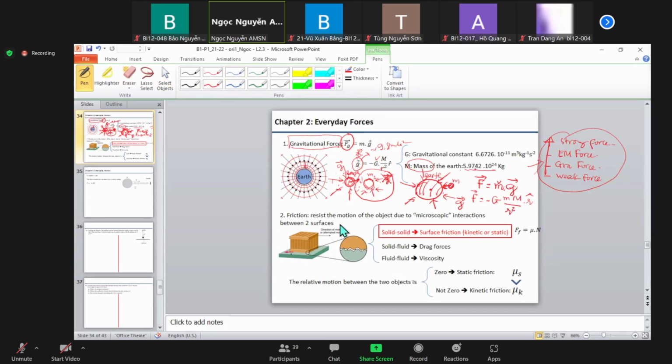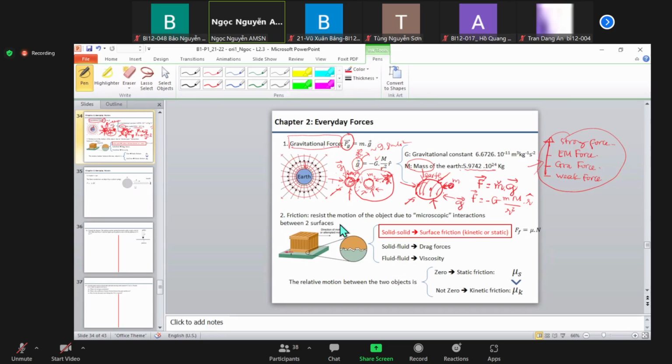Here is just extra information for someone who would like to know more deeply about this kind of force. I know that many of you don't really care about it too much.